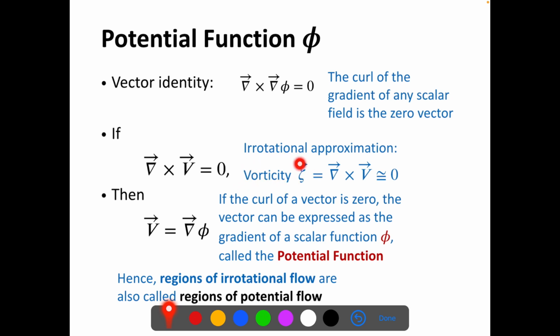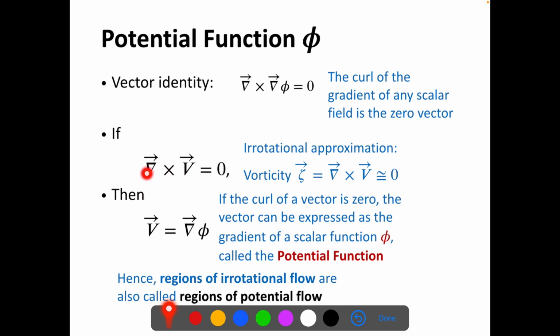If you forget, look again at your previous lecture. For irrotational flow, zeta is equal to 0. The short form is that the curl of the velocity vector is equal to 0. Then V vector is equal to nabla phi. The vector can be expressed as a gradient of the scalar function phi, called the potential function.